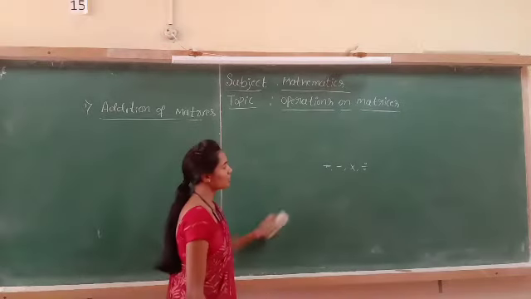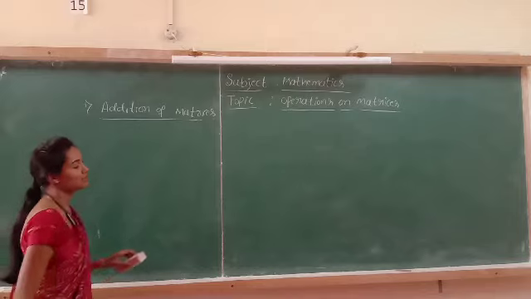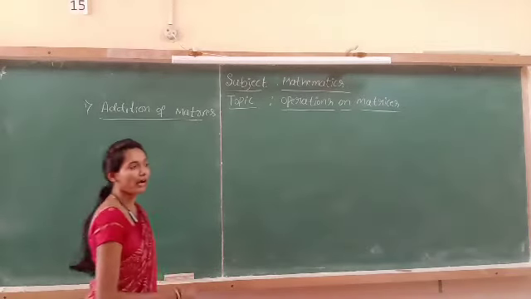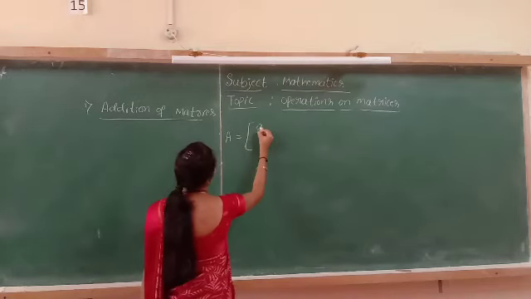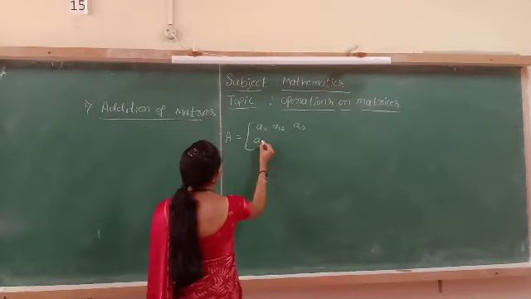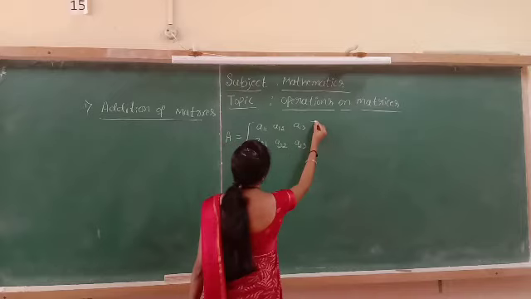The first fundamental operation is addition. The addition of matrices is defined like this. I will give a general example. Capital A is equal to A11, A12, A13, and the second row is A21, A22, A23.